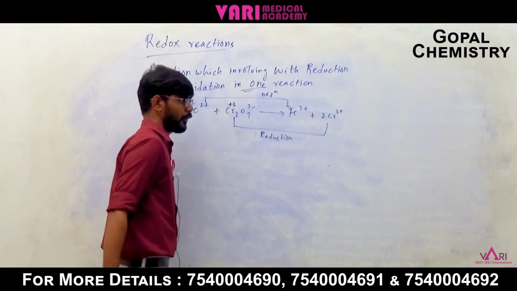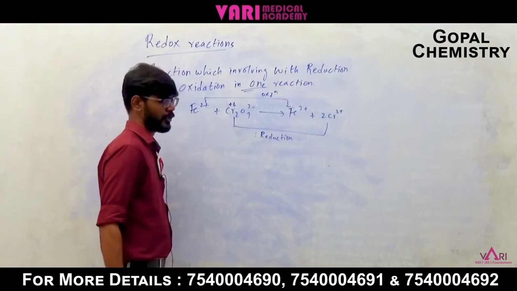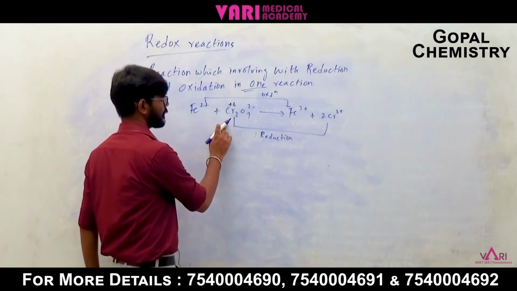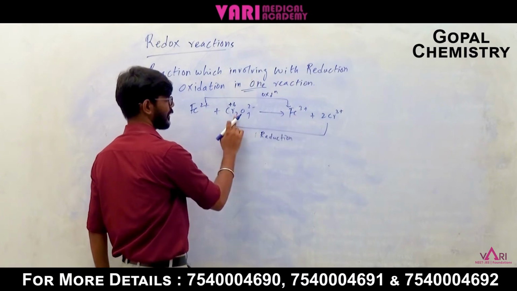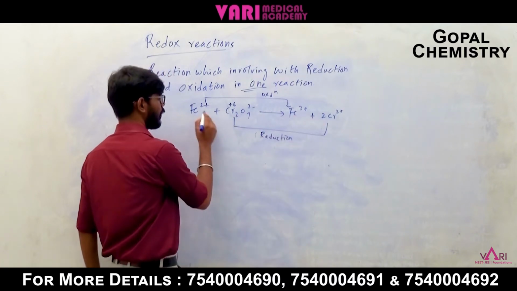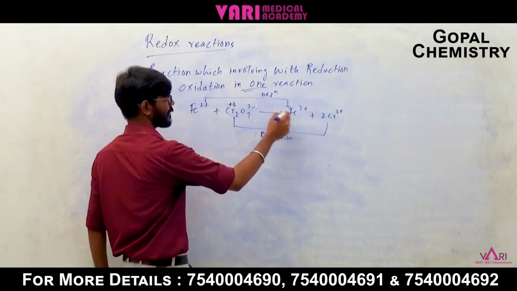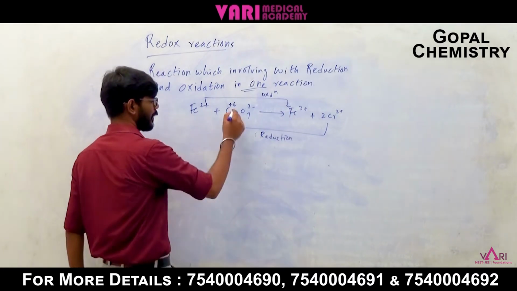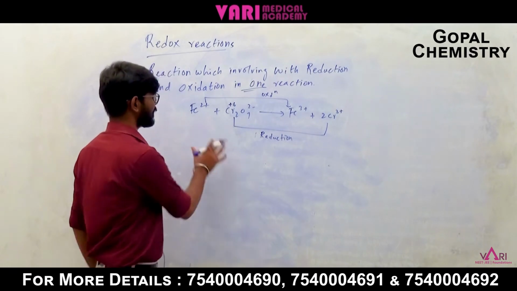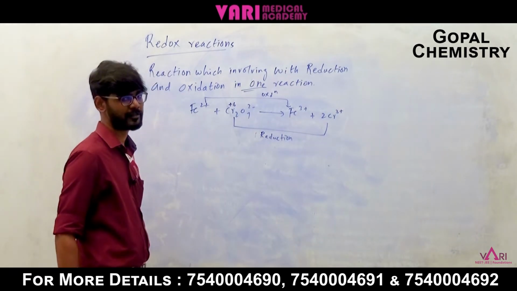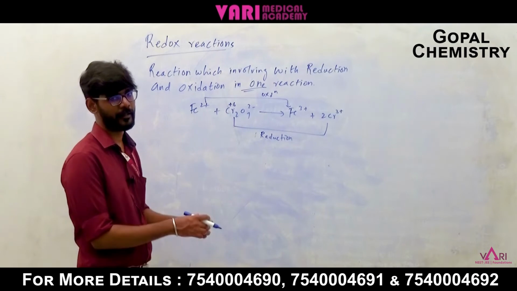Reduction, or addition of electrons, is taking place, or we can say decrease in oxidation state. Where there is increase in oxidation state we say oxidation reaction, and decrease in oxidation state we say reduction reaction. So this reaction we can say is a redox reaction.